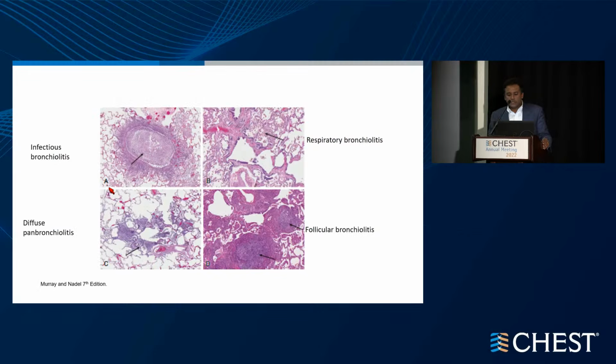So these are different pathologies of how different diseases can cause bronchiolitis. As you can see, the pathology is different, and this will be dealt with in a different lecture by Dr. Callahan, where we will be talking about the different bronchiolitis. And as you can see, the pathology differs in each of these cases.